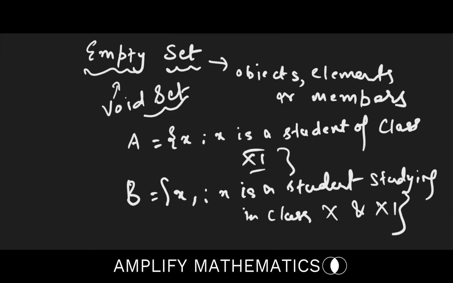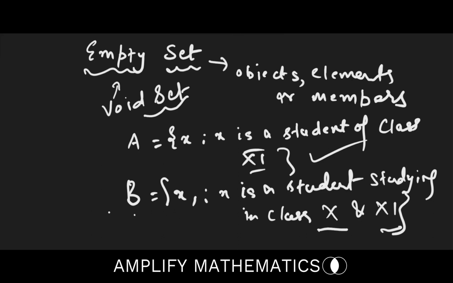So let's decide which one of them is an empty set. Obviously, the first is a collection of all students of class 11th, right? That is fine. But the second is a collection of all students studying in class 10th and 11th, which is empty, because there cannot be any students studying in two classes at a time. So any set is an empty set when it has no element.